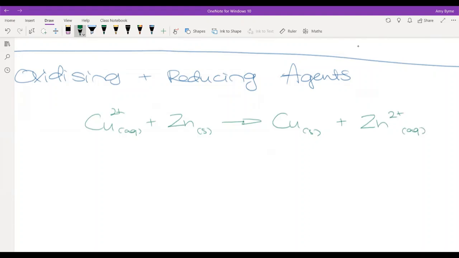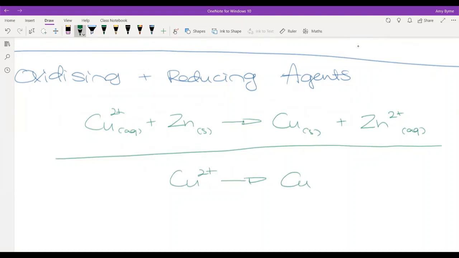Okay, so let's split this into two half reactions. I clearly have copper 2+ becoming copper. How does it do that? It does it by gaining electrons. I then have zinc becoming zinc 2+. How does it do that? It does it by losing 2 electrons.